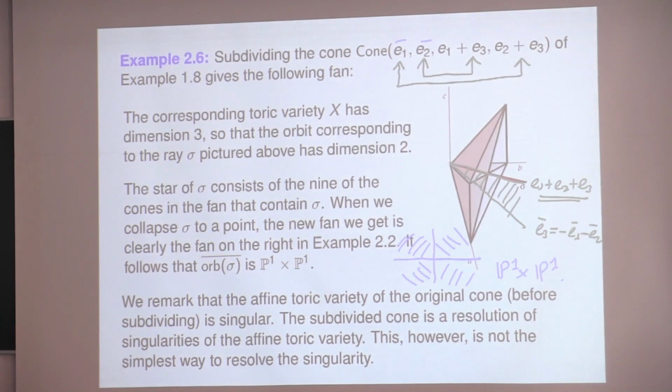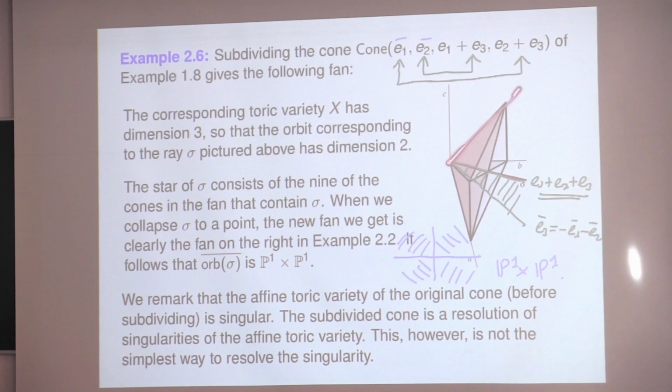It is smooth if and only if the first lattice elements of the rays give you part of a Z-module basis of N. And this one, if I look at the original one, has the wrong number to start with. A basis of Z3 has 3 elements. These are too many, these are 4. So it cannot be smooth.